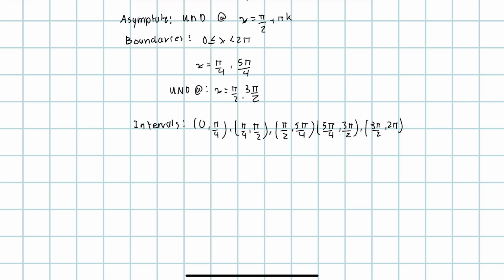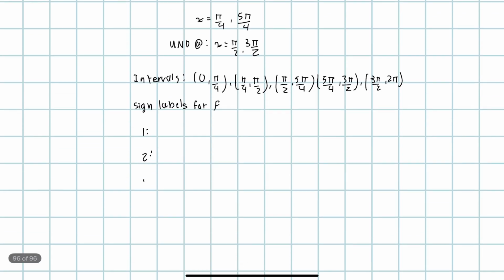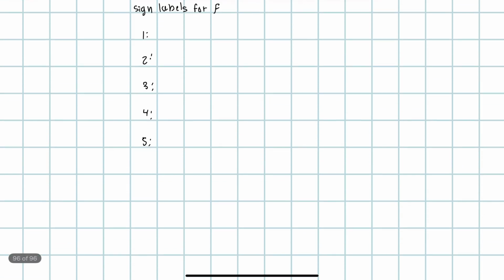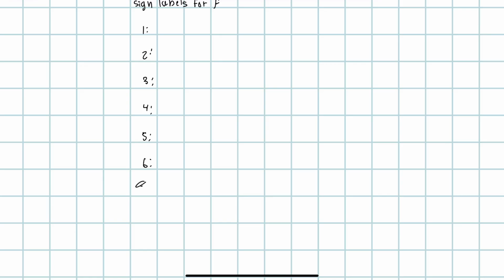And now we have sign labels. We're gonna do our sign labels for f, and for our intervals we're gonna have 5 intervals.